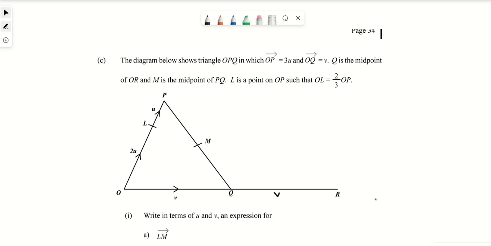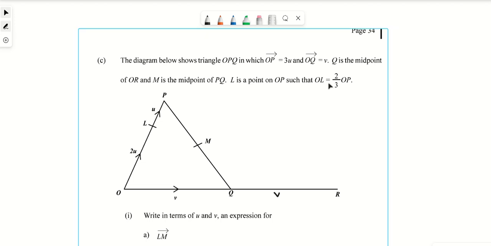L is the point on OP such that OL is 2/3 of OP. If we count, this is 3 parts: 2 parts here and 1 part here. That's how they said OL is 2/3 of OP, which is 2/3 of 3U. They already gave you it, so you don't need to do it. OL is 2U, and LP is U. They already told you OP is 3U, right? So you don't really need to worry about this part here.